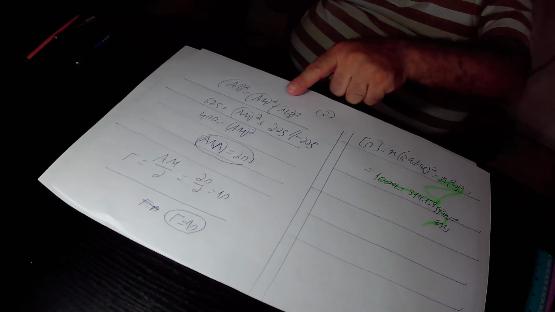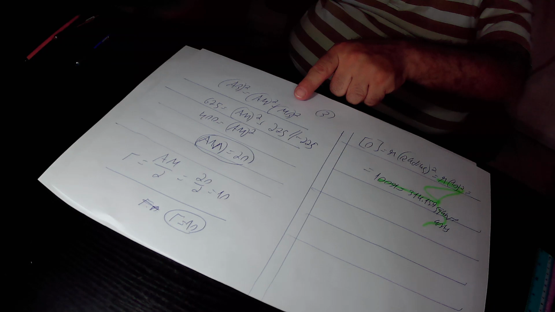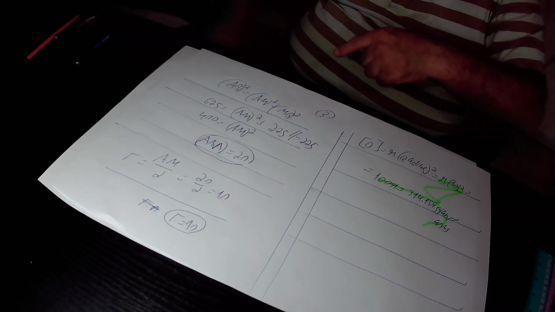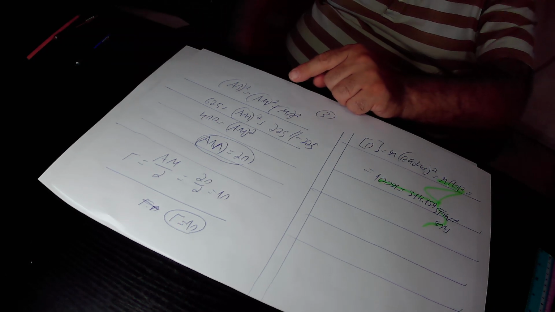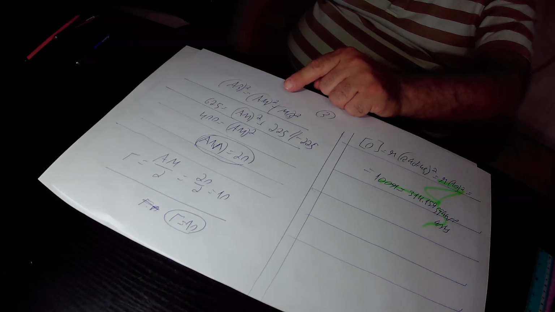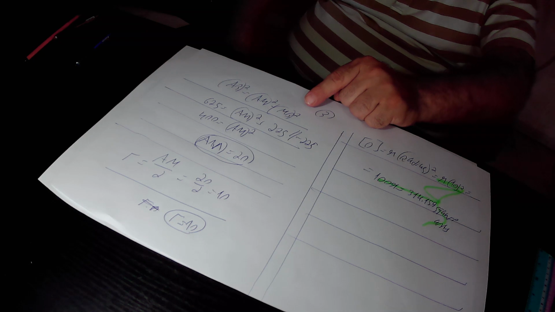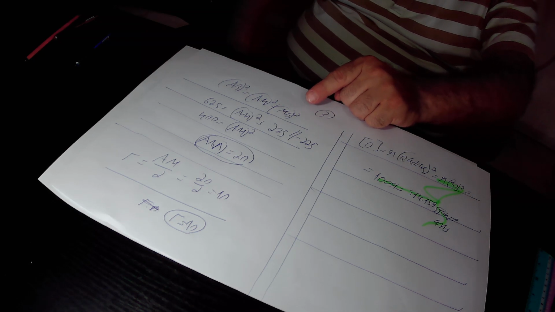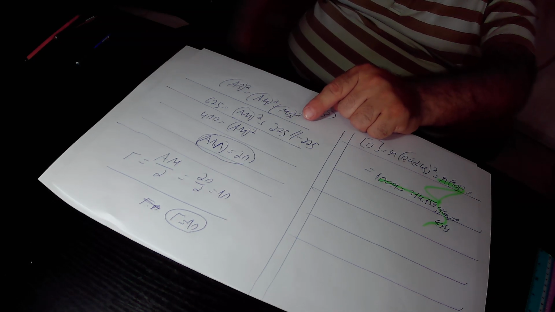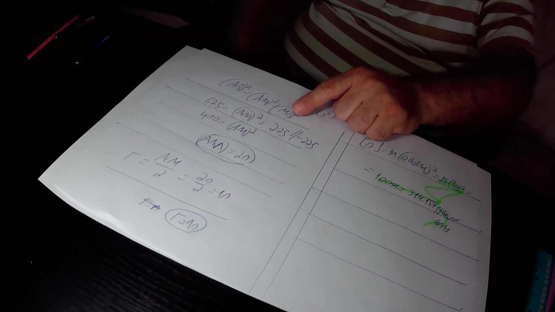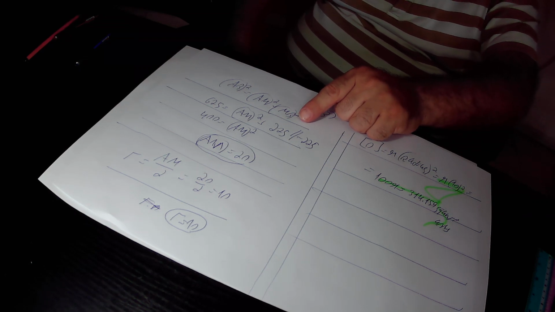AB square equals AM square plus MB square according to the Pythagoras theorem. AB is 25, therefore AB square is 25 square, that is 625, and it is equal to AM square, the missing side which we leave as it is, plus BM square. BM is 15, therefore BM square is 15 square, that is 225. So 625 equals AM square plus 225.